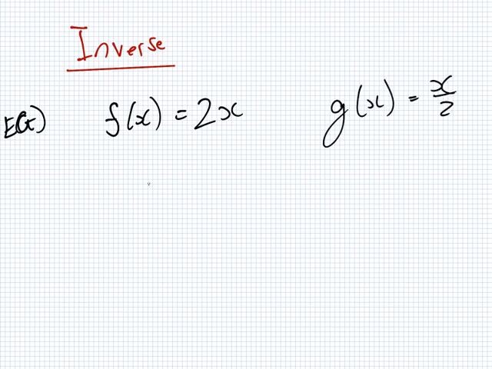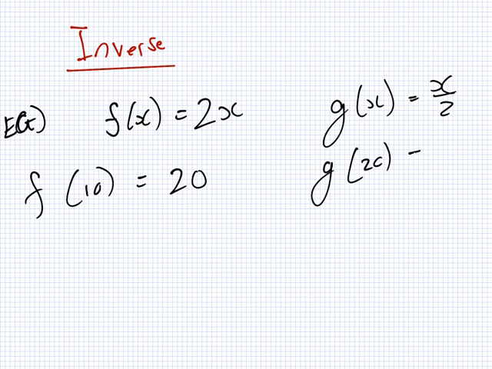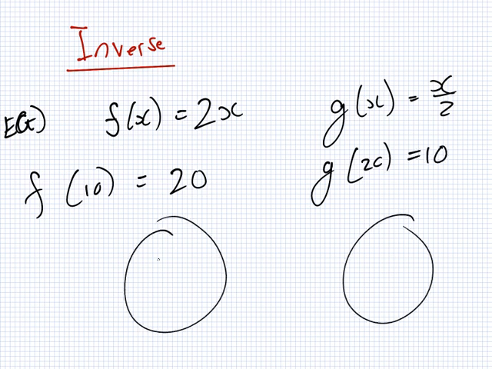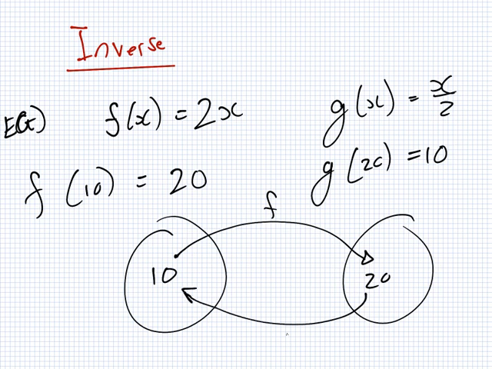If I calculate f of 10, I get 20. And if I calculate g of 20, I get 10. So if I start with 10, f takes me to 20, and if I start with 20, g takes me back to 10.